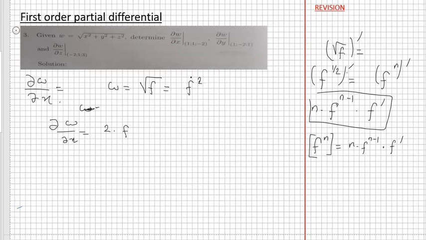In this case the exponent is 1 over 2, so I actually need to bring 1 over 2 down. So I have 1 over 2 multiplied by f to the power of 1 over 2 minus 1, and then I multiply it by the derivative of the function. So that f simply represents what is within the square root sign.